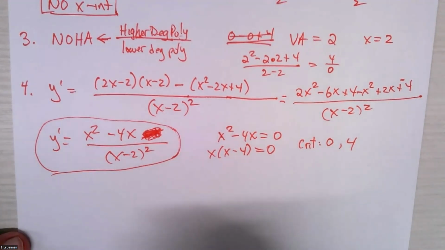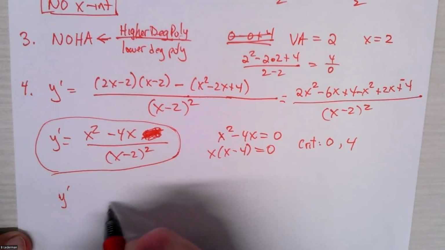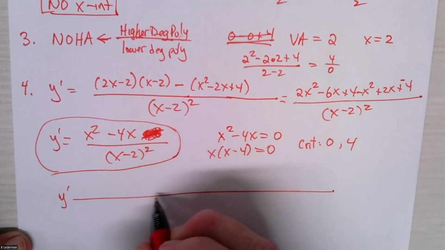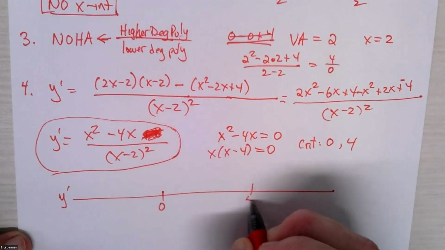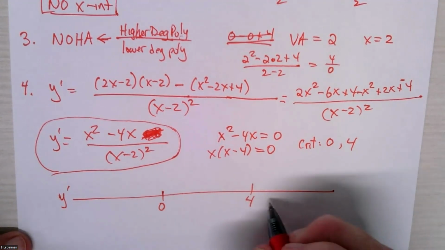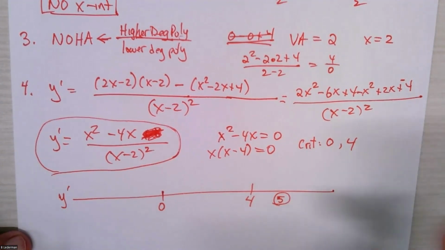Let's draw our number line for y prime, and that's 0 and that's 4. Let's pick 5 as a test number. And let's let 3 be a test number between 0 and 4.